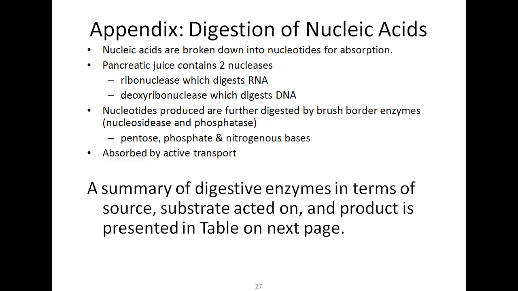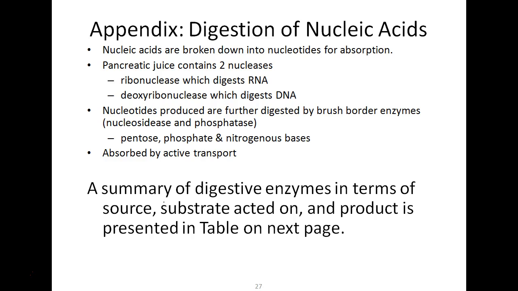So the pancreatic juice is going to have two enzymes that break down nucleic acids. One is ribonuclease, which digests ribonucleic acid, and deoxyribonuclease, which digests deoxyribonucleic acid, in other words, DNA.